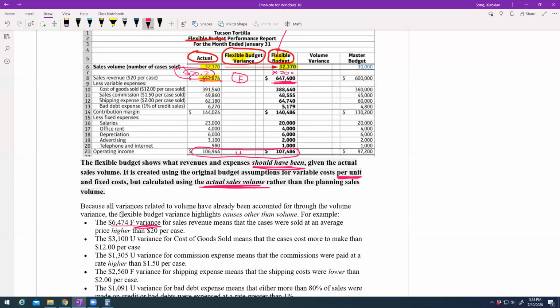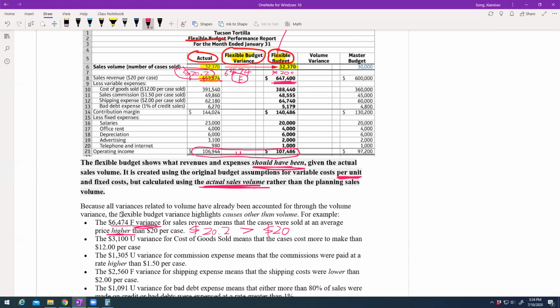If you do the number, you should be able to get the variance in the revenue, which should be 6,474, right? So you have the favorable sales revenue not because you sold more or fewer units, but because your selling price, the dollar amount, your actual is $20.2 each, which is more than the budgeted $20 for each unit.